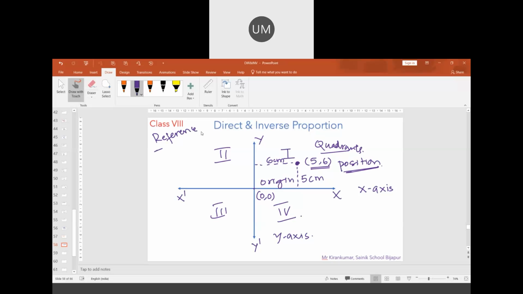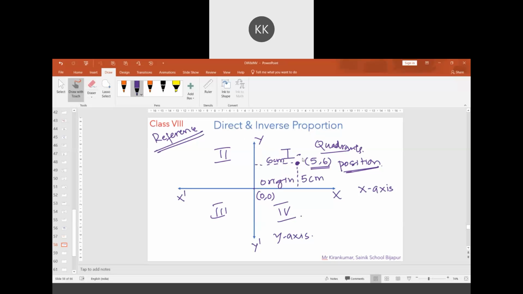This particular thing was observed by a mathematician named Cartesian when he was observing the movement of a spider on the spider net. When he was observing the movement, he started thinking that with two axes, the distance of the spider can be located.